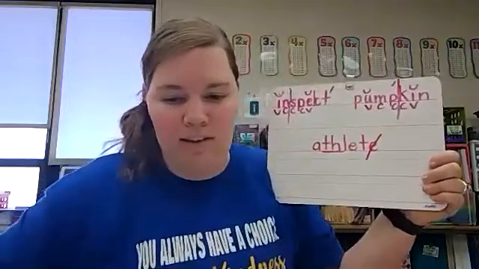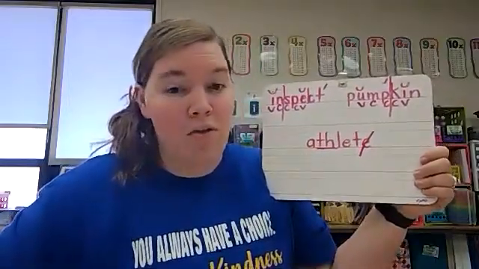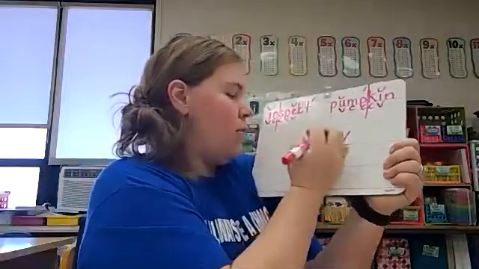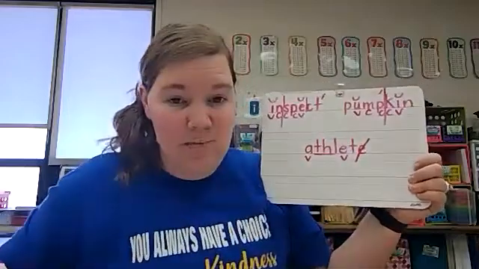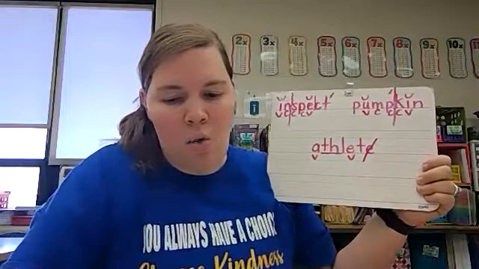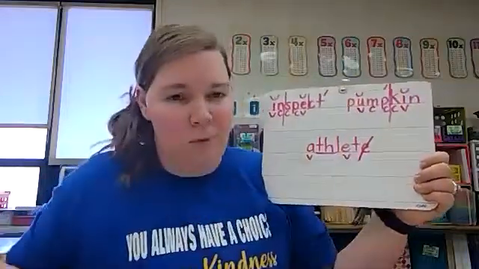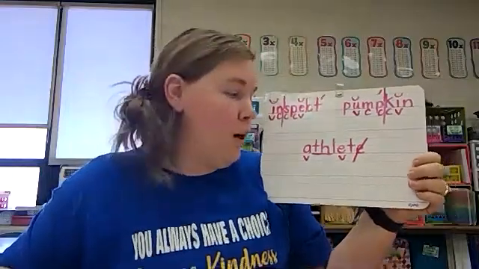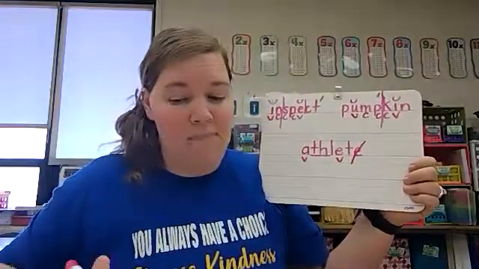So we're going to cross that out. So now that we've knocked out the obvious coding, we're going to mark the vowels. So we have A and E. Why are we not labeling this vowel? It's silent. We crossed it out. So we're going to pretend it's not there anymore, okay?